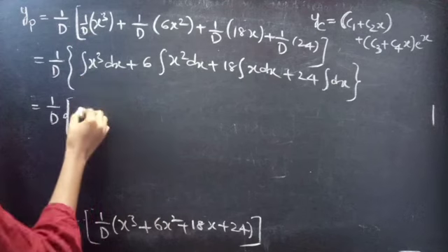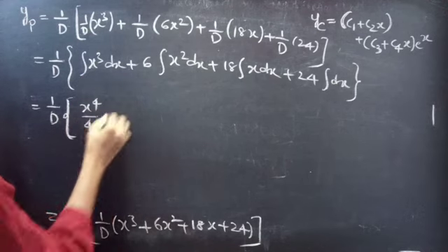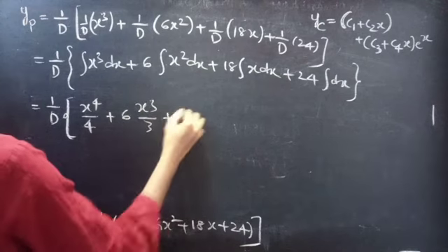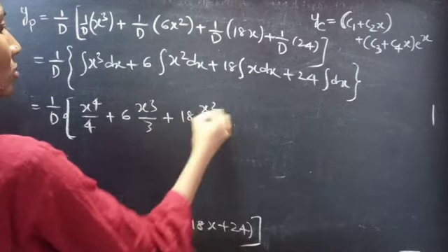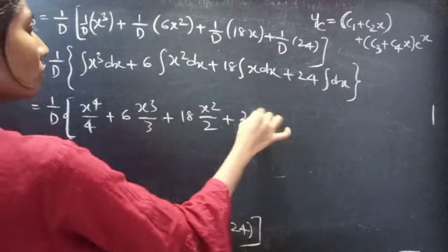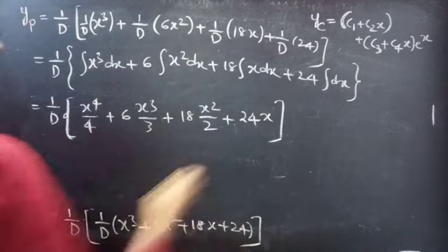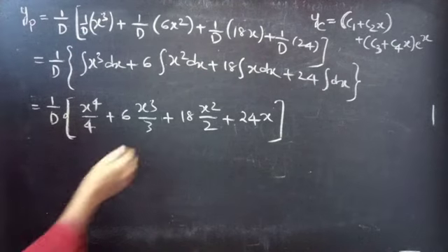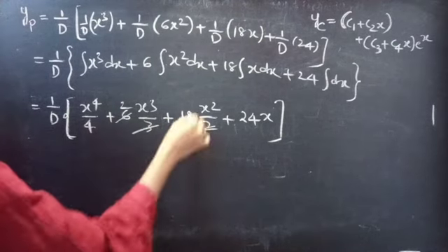integral x cube dx is x power 4 by 4, plus 6 into integral x square dx is x cube by 3, plus 18 into integral x dx is x square by 2, plus 24 into integral dx is x. 3 ones are 3, 3 twos are 2, 2 ones are 2, 2 nines are 18.